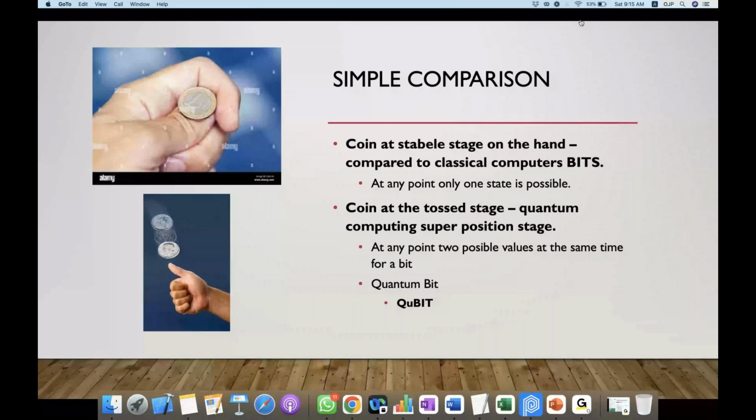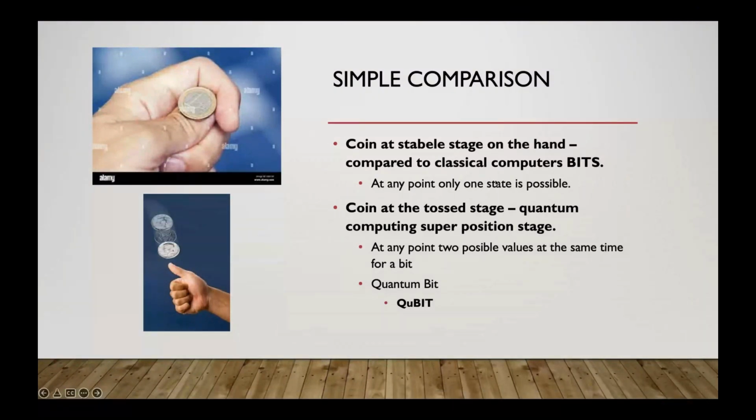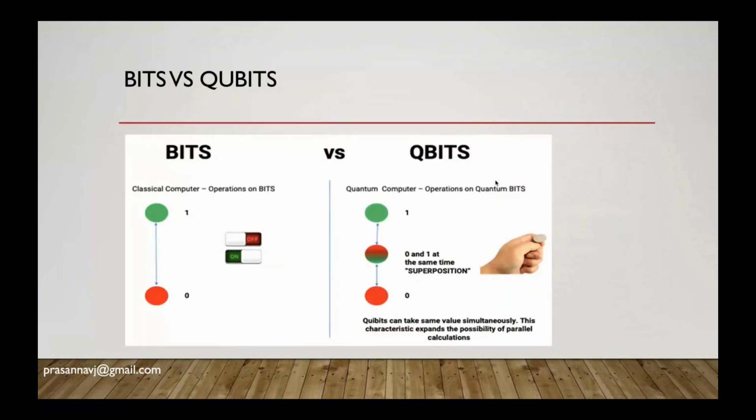That is exactly what we are representing here. At any point in time, the classical computer can have either an on or off state, but a quantum computer can have both 0 and 1 at the same time, and this is called the superposition state.